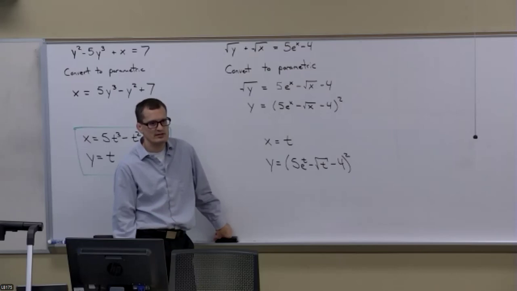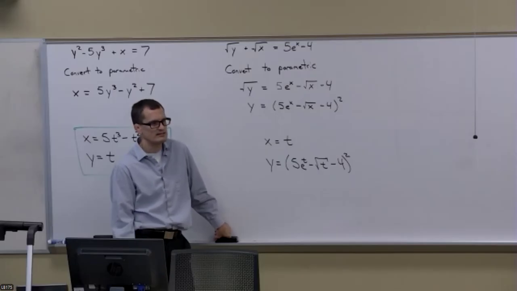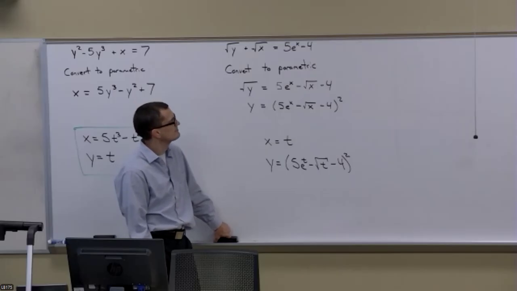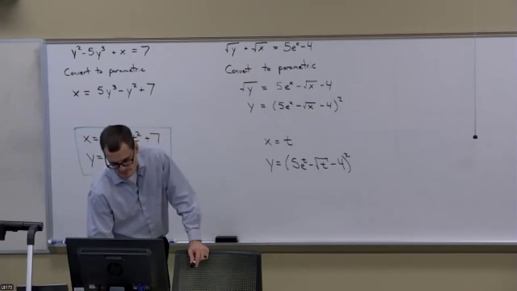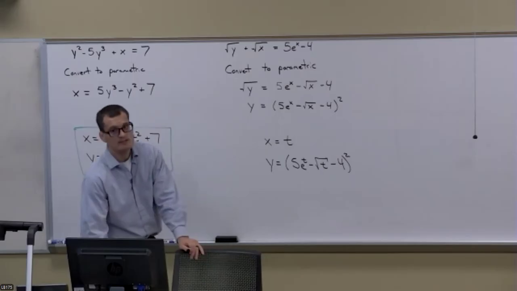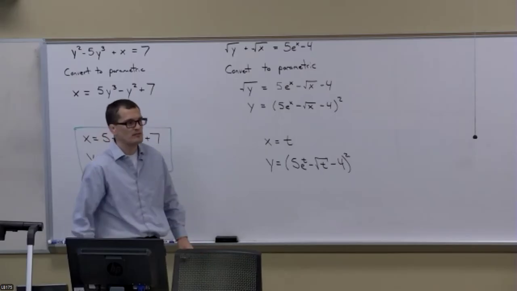You'd get y plus 2 times the square root of xy, and then plus x, if you square the left-hand side. But there you go. I feel pretty comfortable.